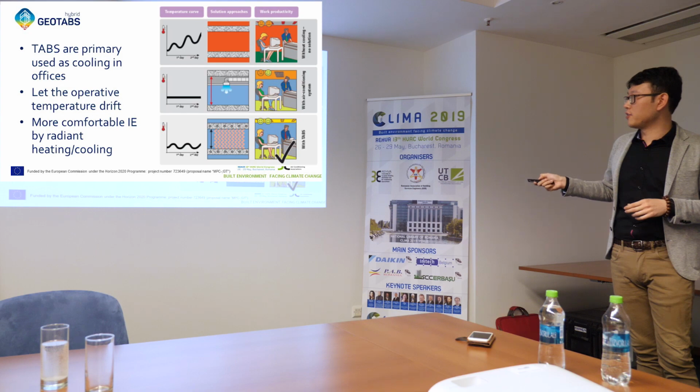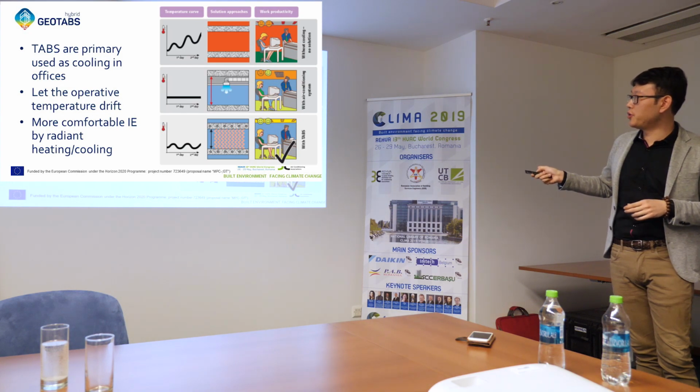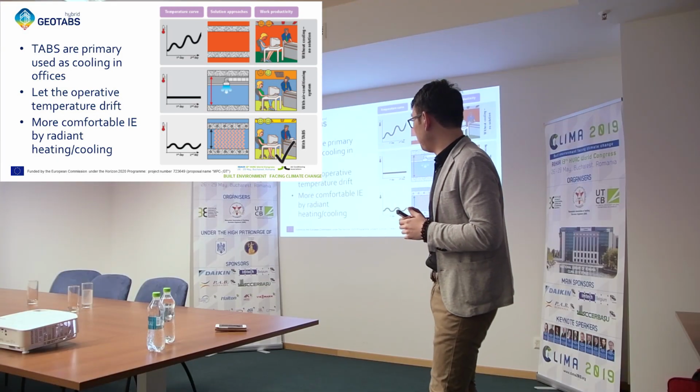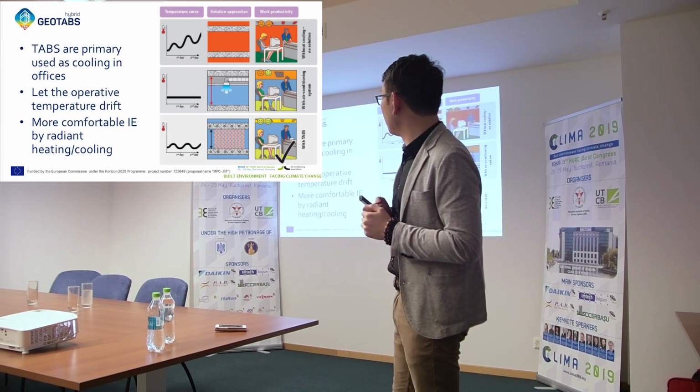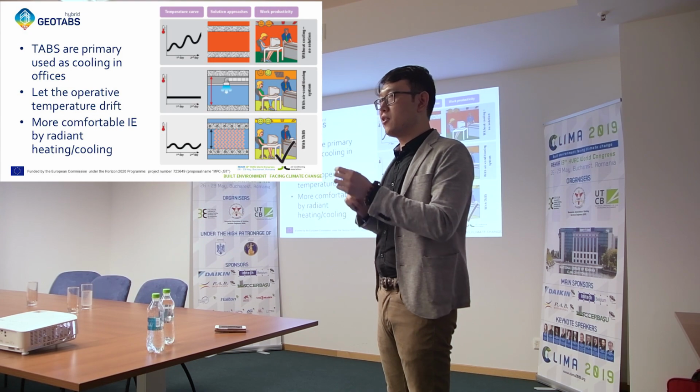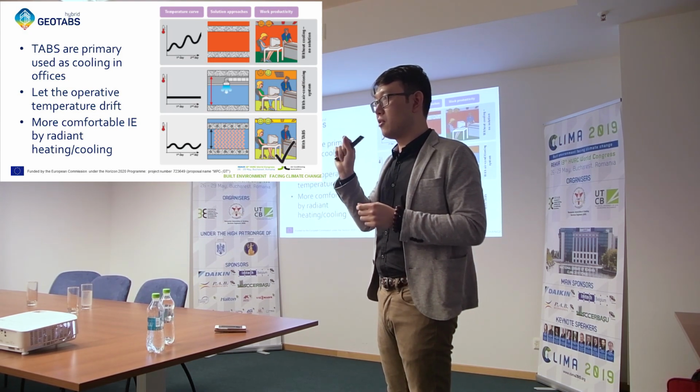So the benefit here is that we really save space, for example. We don't need to use that much vent. And something we need to be careful about is how we operate TABS, or how we use TABS. It's always important to keep in mind that when we use TABS, we don't set an exact temperature like 20 degrees all the time.